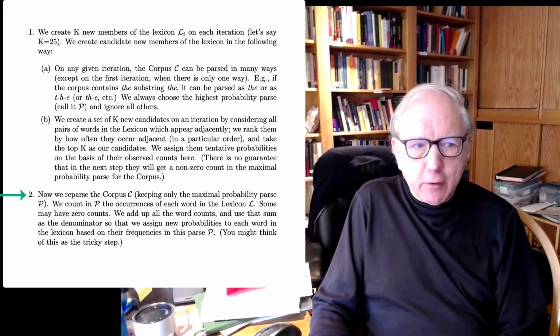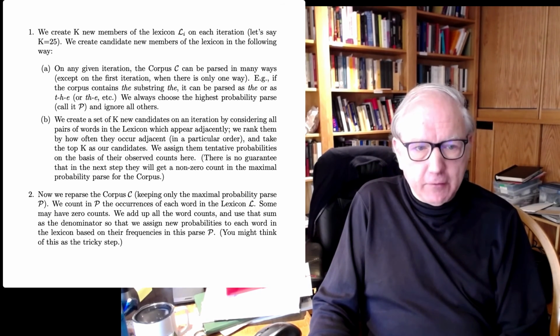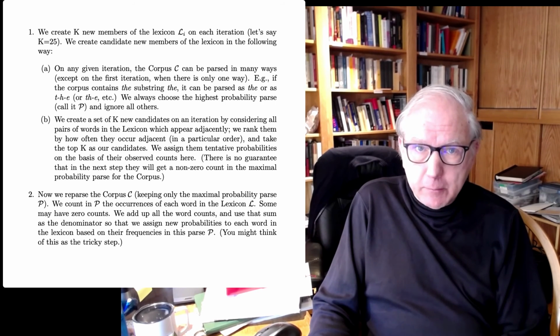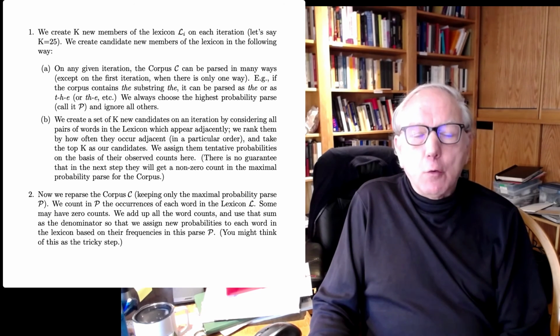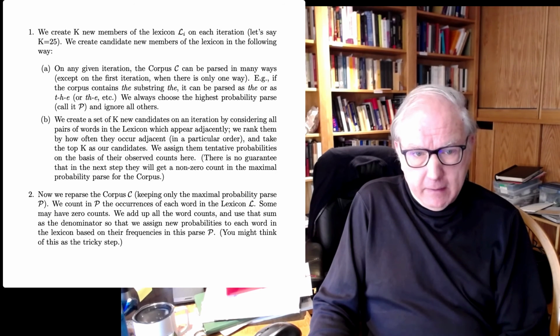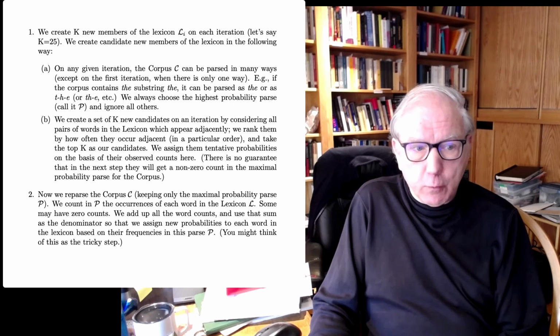Because now we go down to point 2, we reparse the whole corpus C. We keep only the maximal probability parsing, P. So we count in P the occurrences of each word in the lexicon, L. Some may have 0 counts, including some of the new candidate words.